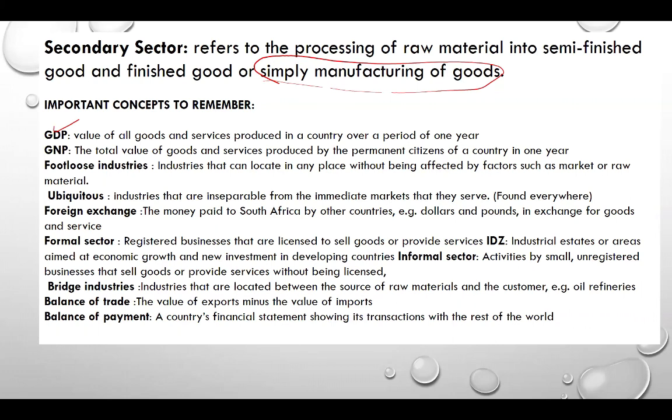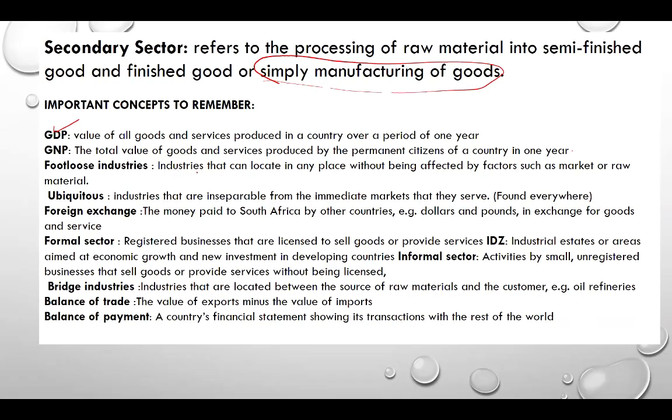And what is GDP? It's the value of all goods and services produced in a country over a period of 1 year. And GNP is the total value of goods and services produced by the permanent citizens of a country in 1 year, which means the permanent citizens of the country may not be working in the country. Then we have types of industries, your footloose industries.